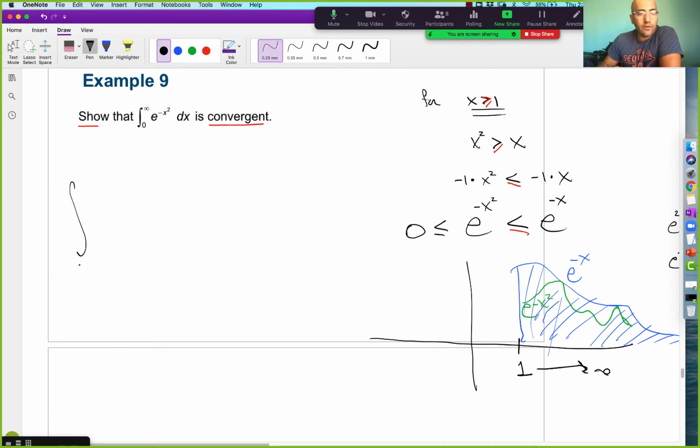The integral from 0 to infinity of e to the minus x dx.